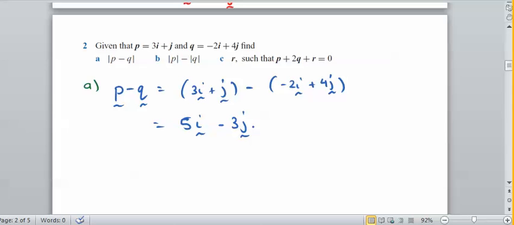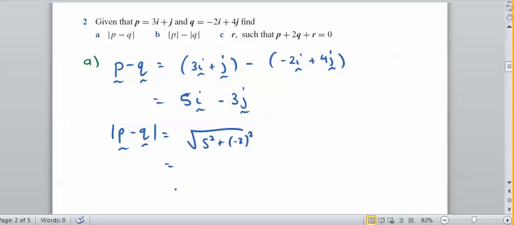But remember, the question's asking us for the magnitude. So the magnitude of P minus Q is the square root of 5 squared, 25, plus 9, 34, square root of 34.